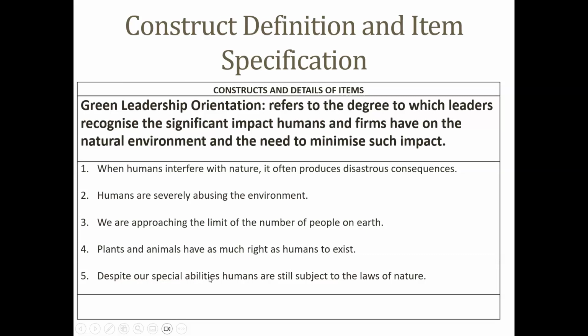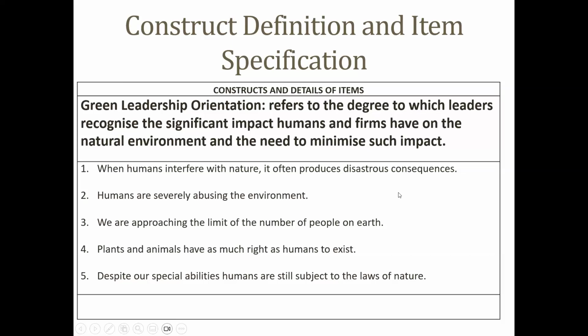Despite our special abilities, humans are still subject to the laws of nature. Let's go back to read the definition. Green leadership orientation refers to the degree to which leaders recognize the significant impact humans and firms have on the natural environment and the need to minimize such impact.